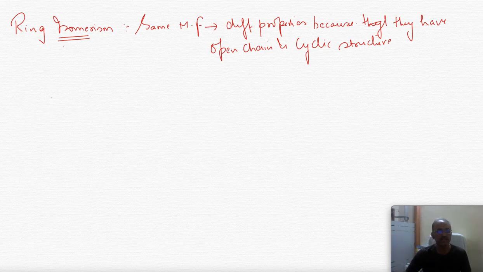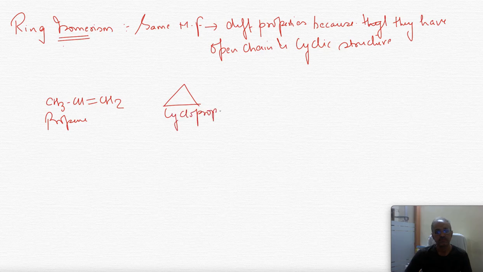Take for example CH3 CH double bond CH2. This is propene. This is known as cyclopropane.